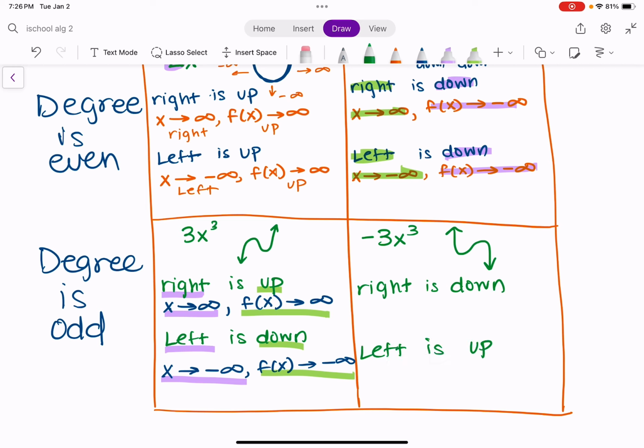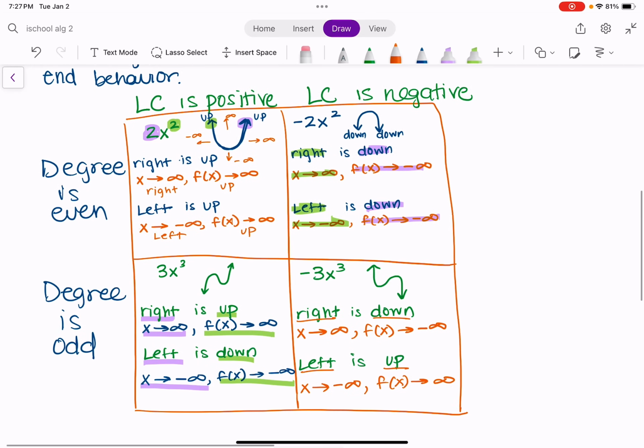Hopefully at this point you can fill in the mathematical notation. If you can't do this by now, you should ask for help. So the right means as x goes to infinity, down means f of x goes to negative infinity, left means as x goes to negative infinity, up means f of x goes to positive infinity, okay? So this is like your chart, okay?